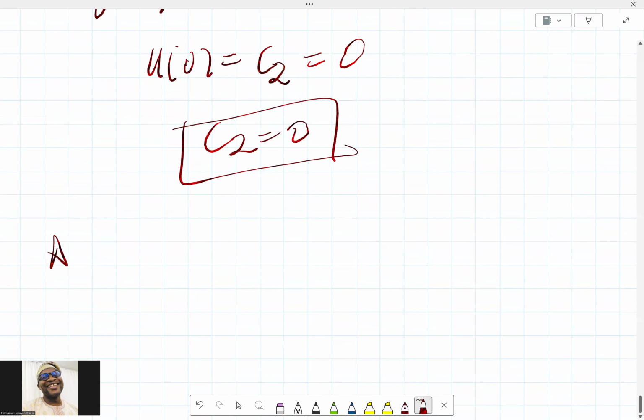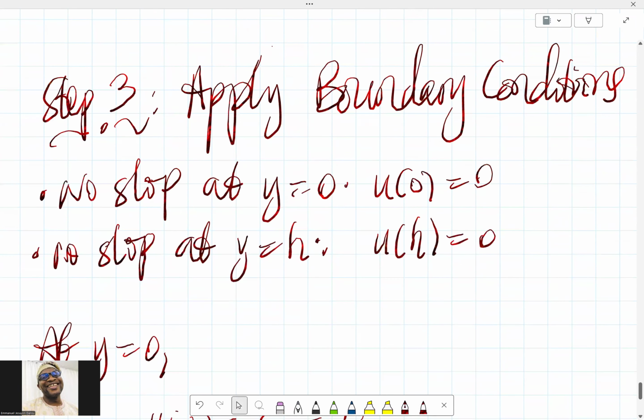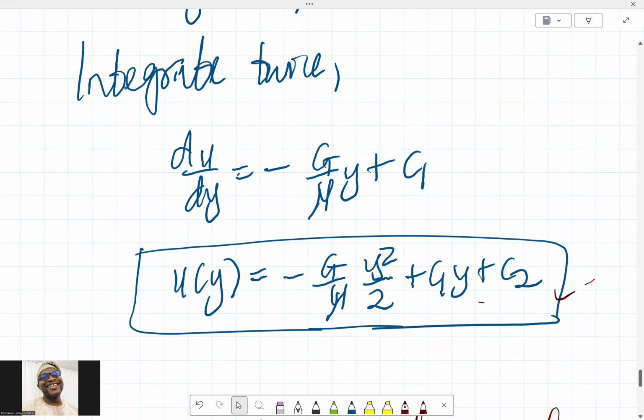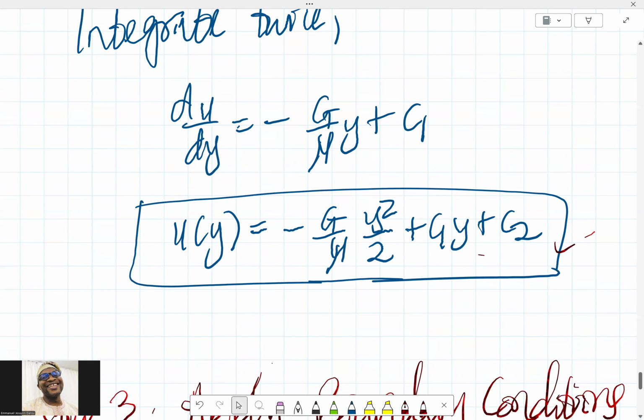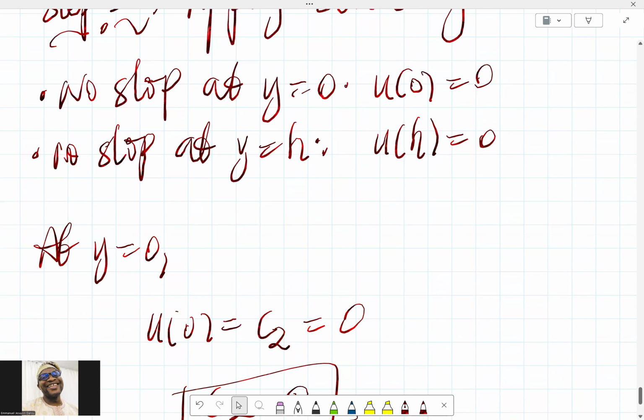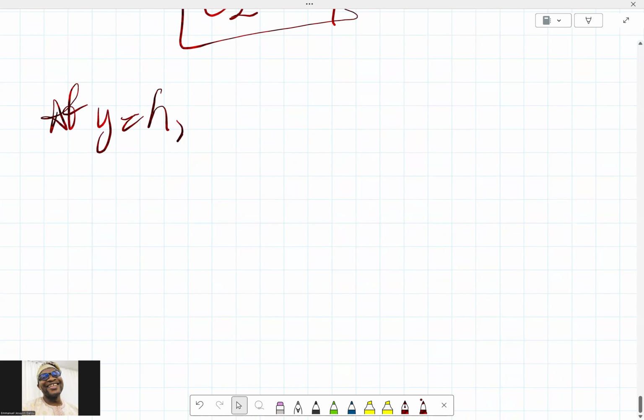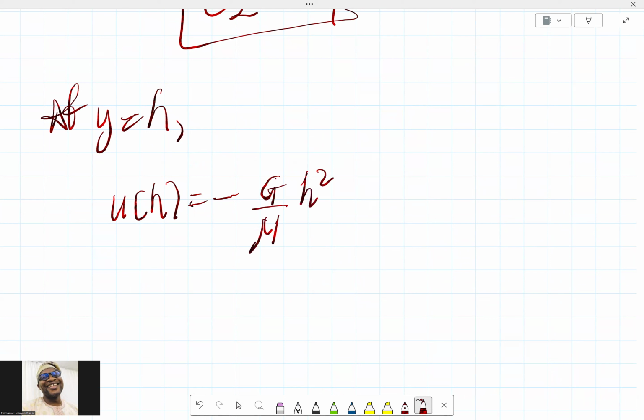So at y equals h, you have u of h equals, you just change y to h, and we already know that c2 is 0, so we factor in that idea. So you have u of h equals minus g over mu, h squared over 2 plus c1h, and c2, which was 0. And all of this is also still equal to 0.